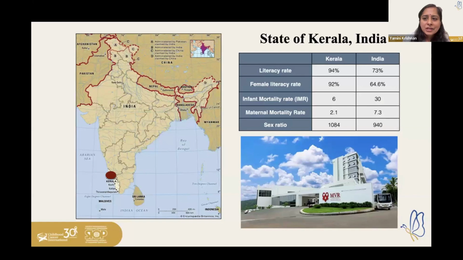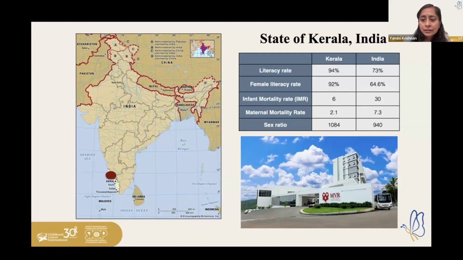So let me just give you an overview of our setting. I come from the south of India, right at the bottom of the Indian subcontinent, a small state called Kerala. Kerala is known for its high literacy rate, a high female literacy rate, and good human health indices like very good infant mortality and maternal mortality rates.